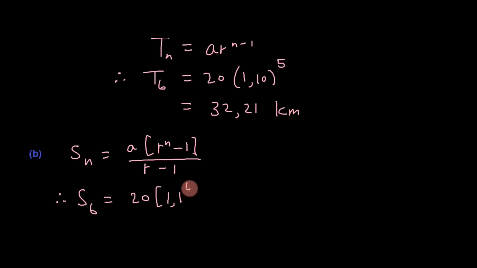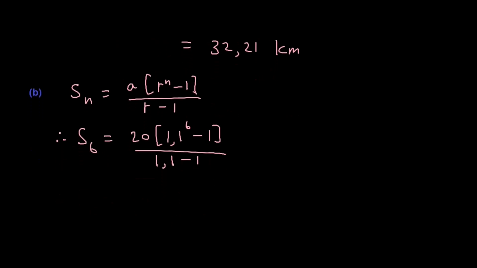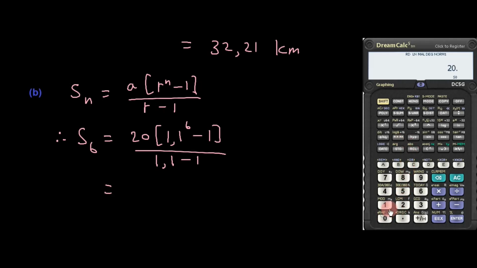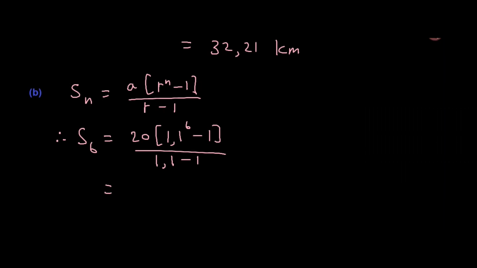So 1,1 to the 6 minus 1 over 1,1 minus 1. So let's see what this comes to on a calculator. And it's 154,31. So 154,31 kilometers.